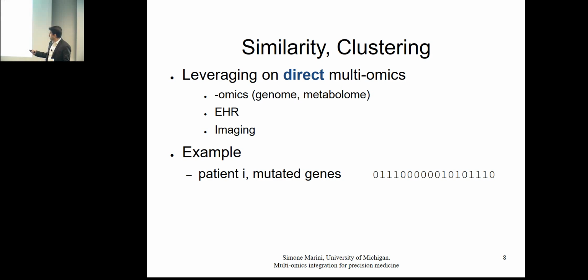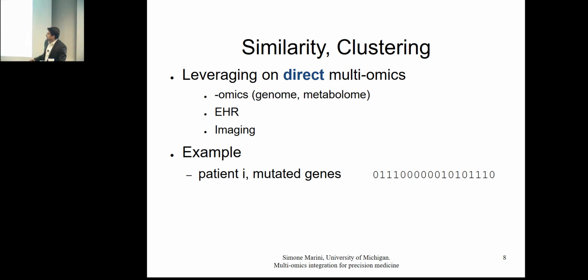This is just a toy example. So I have a certain patient, and this patient represents a sample. Now, we're talking about cancer, so let's say that we sequence the sample from the patient, and we can pinpoint which genes are mutated. This is oversimplifying, but just to give you an idea.